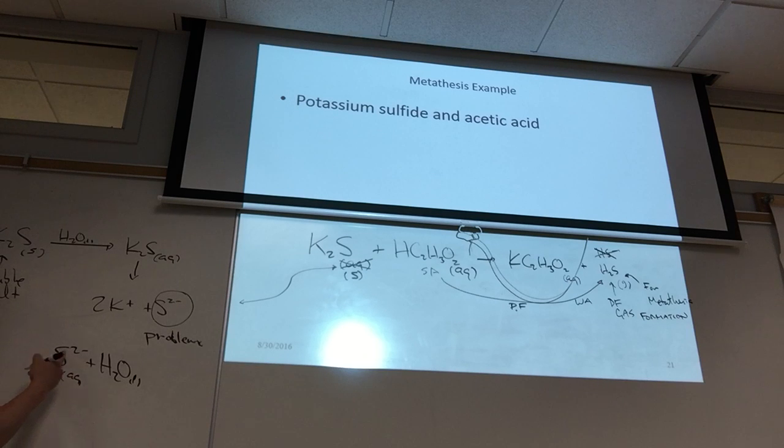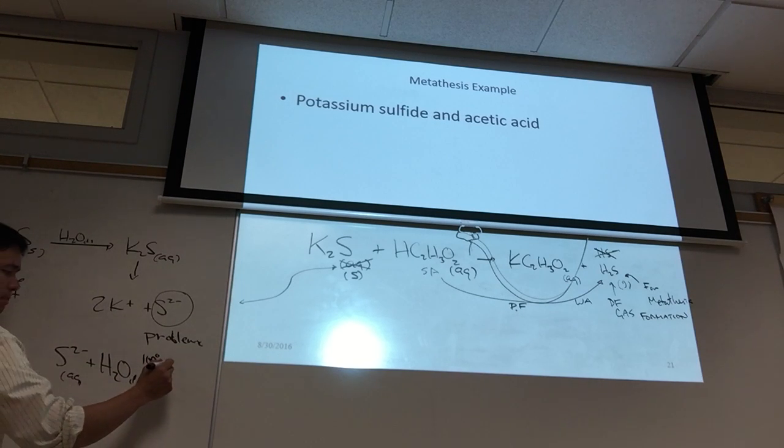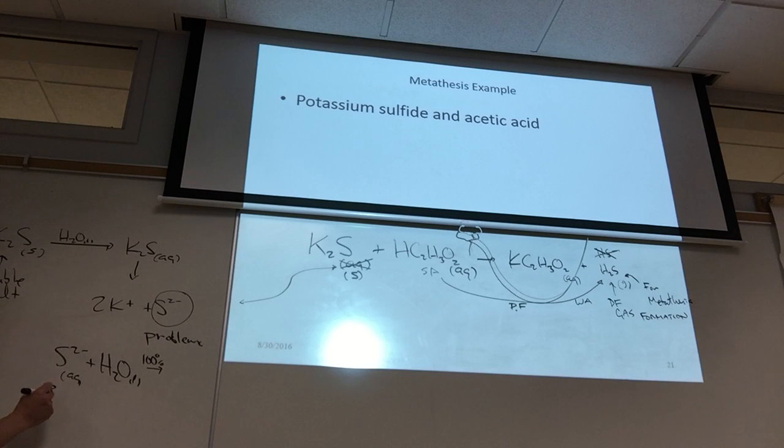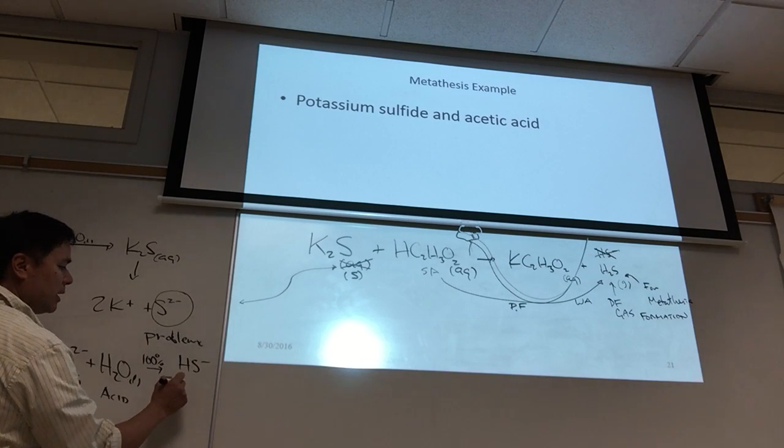And so if we have sulfide, it's going to attack the water 100% to form, well, bases are proton acceptors. Water can go either way, so it'll be the acid. What will we form? All right, we have a choice. We could form HS minus or H2S.